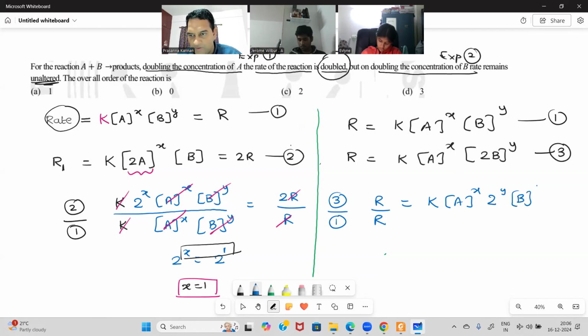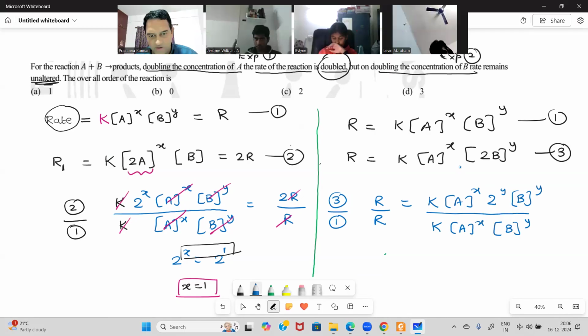Yeah, B to the power Y. Correct. Divided by K into A power X into B power Y. Tell me, Ranika, what all get cancelled? K, A power X, B power Y, and R, sir. Yes. So what is it going to be on the left side? 1 is equal to 2 power Y.